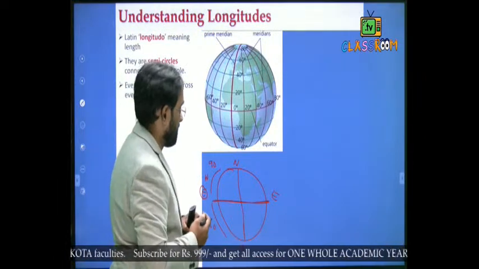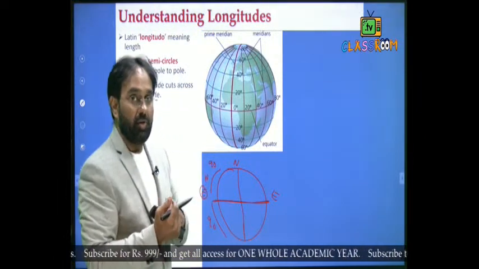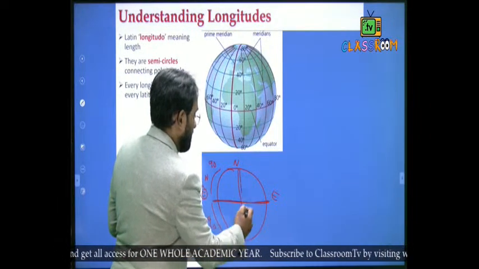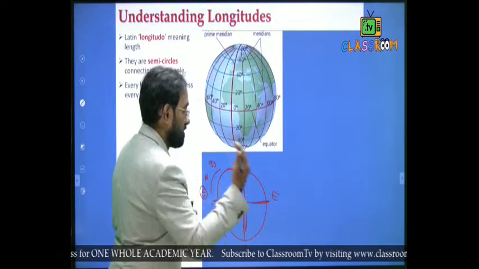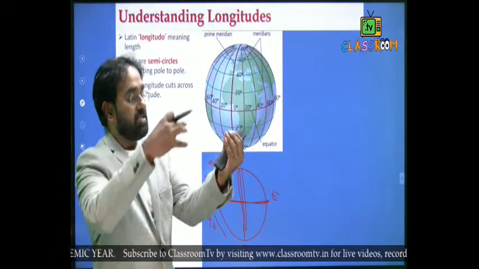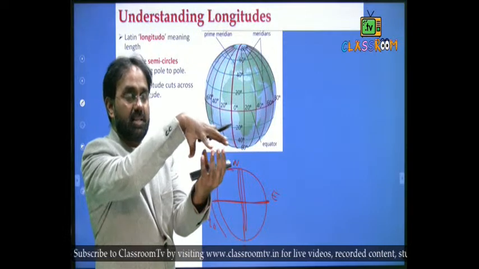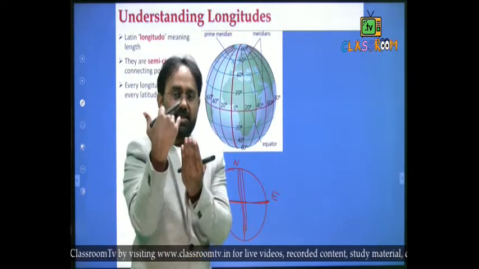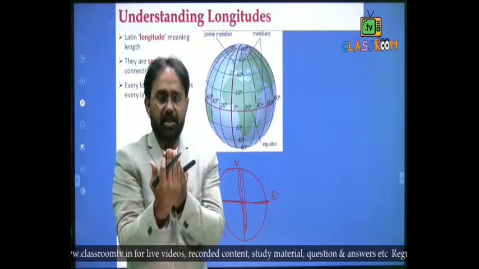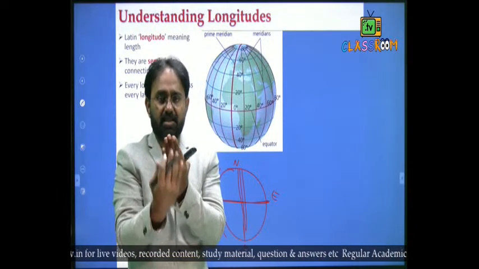How many longitudes are there? How many longitudes can you draw? Totally 360 longitudes you can draw, 180 here and 180 here. If this is the earth entirely, whatever is visible is called the Greenwich meridian or the central longitude.